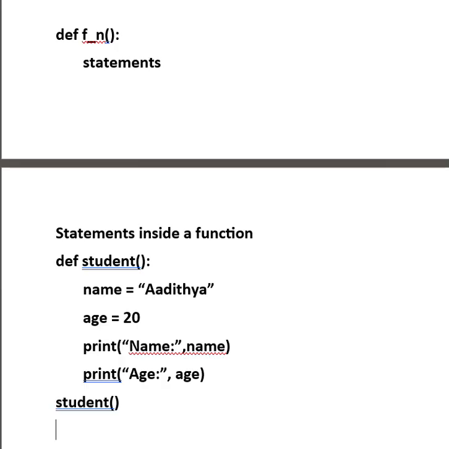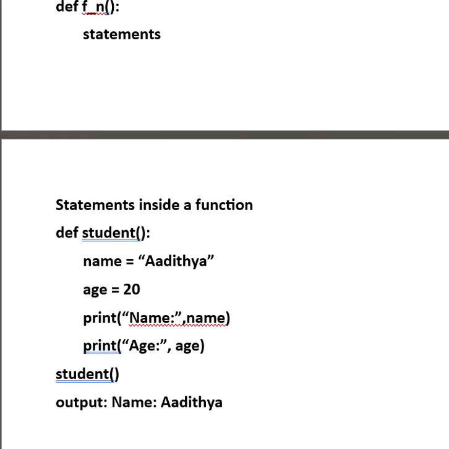What will the output be? The output is: name is Aditya and age is 20.